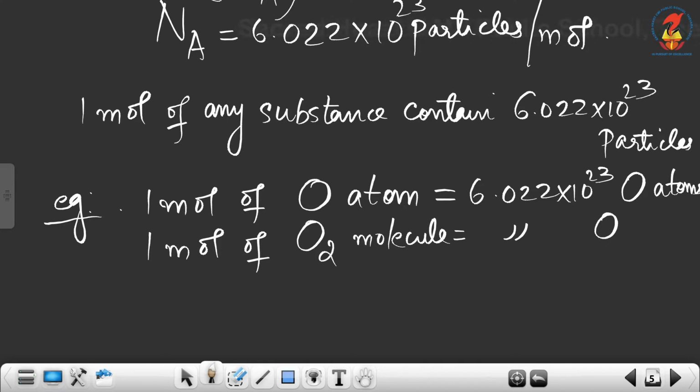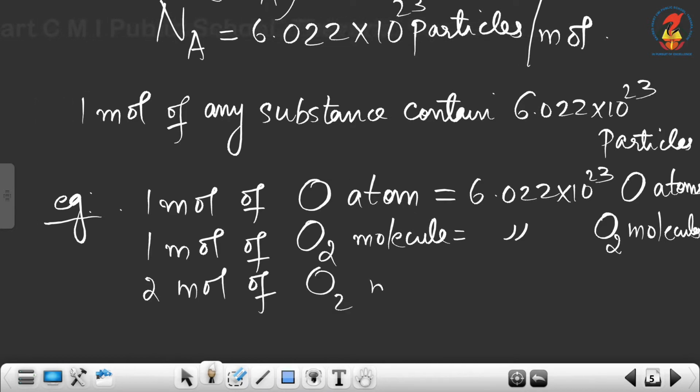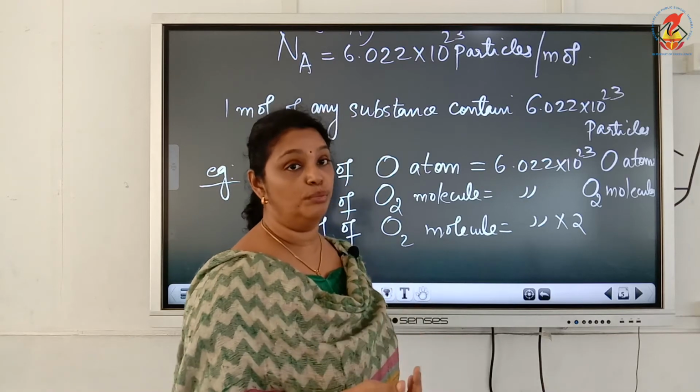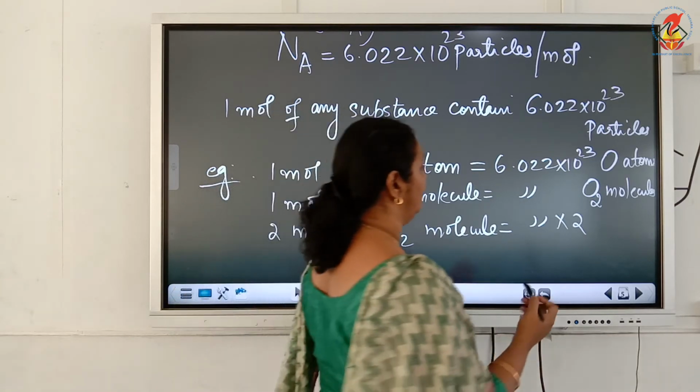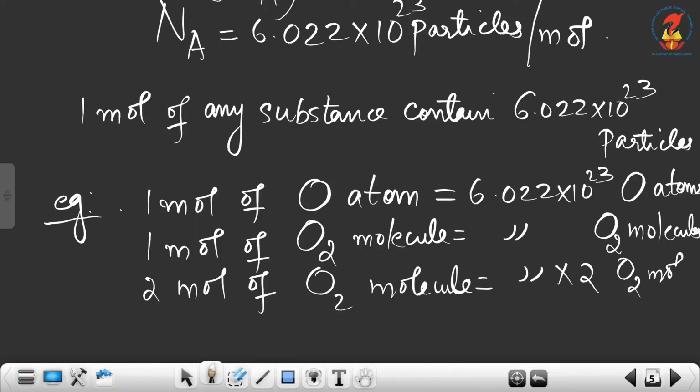Again, Avogadro number of oxygen molecules. Now, 2 moles of oxygen molecule will contain Avogadro number into 2, because it is 2 moles. 1 mole contains Avogadro number, so 2 moles will contain 2 into Avogadro number of O2 molecules.